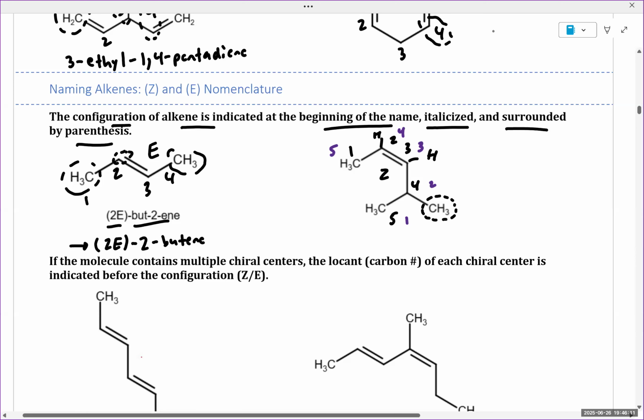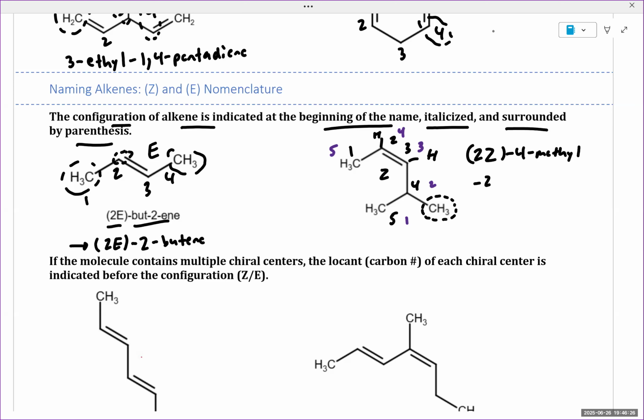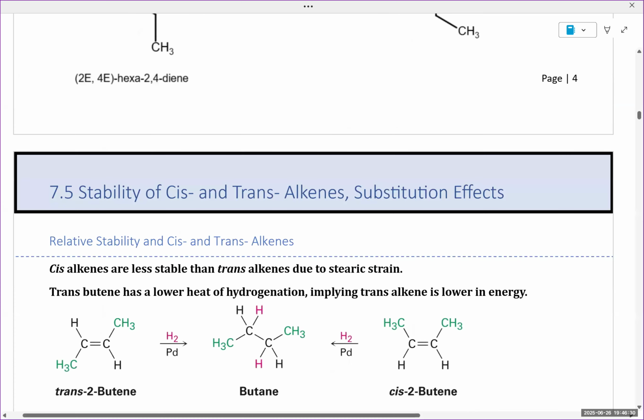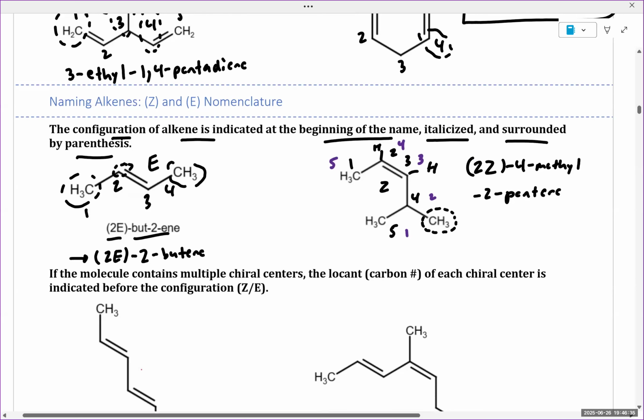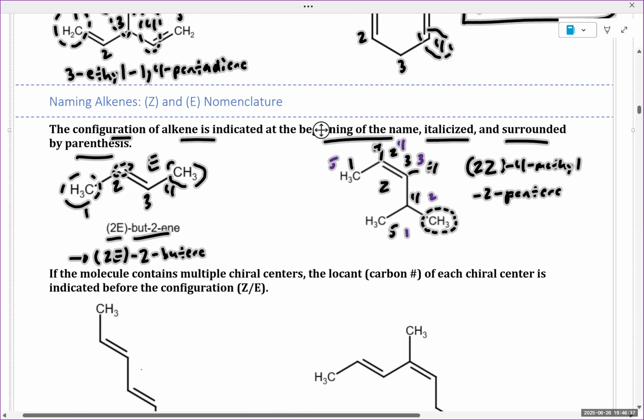So in this case, we have a Z alkene starting at carbon 2. So this would be (2Z)-4-methyl-2-pentene.